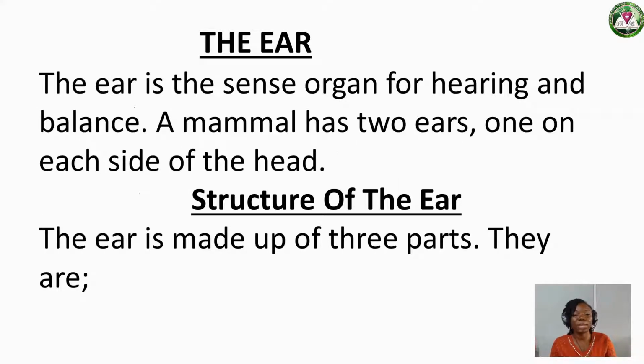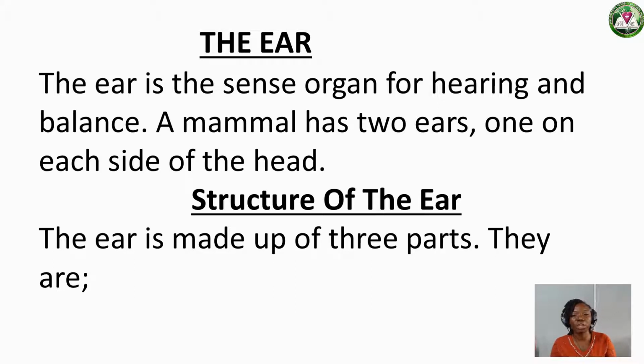Remember that we are still talking about the sense organs. We've talked about the head, and we said the head contains these sense organs. And we've talked about what a sense organ is: the parts of our body that tell us what is happening around us.